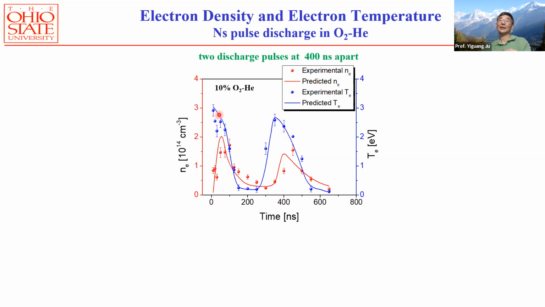You can see the electron temperature drops dramatically on probably a 100 nanosecond time scale, but the electron number density still has some residue between the pulses over those 400 nanoseconds. So this tells you how a repetitive nanosecond plasma discharge is going to change your electron number density distribution with multiple pulses.